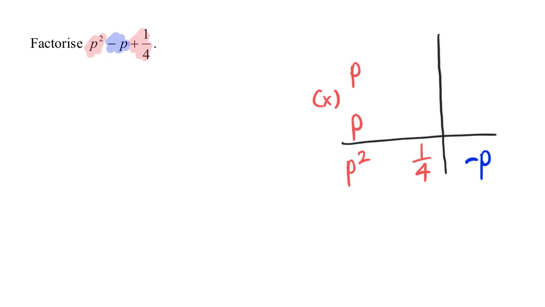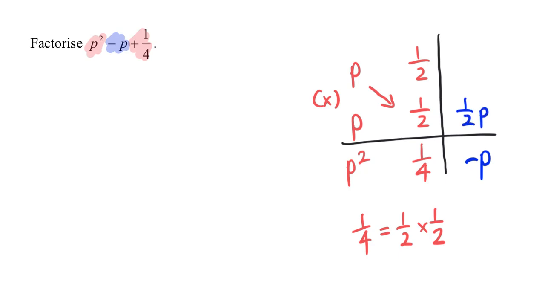And as for this 1/4, I realized that 1/4 is equal to half times half. And that when I multiply them, I do get my half p, and half plus half is 1.